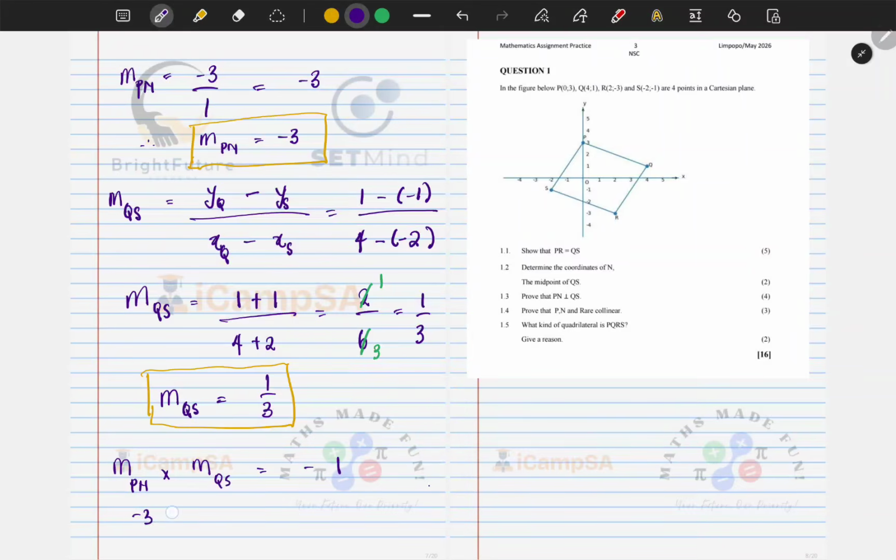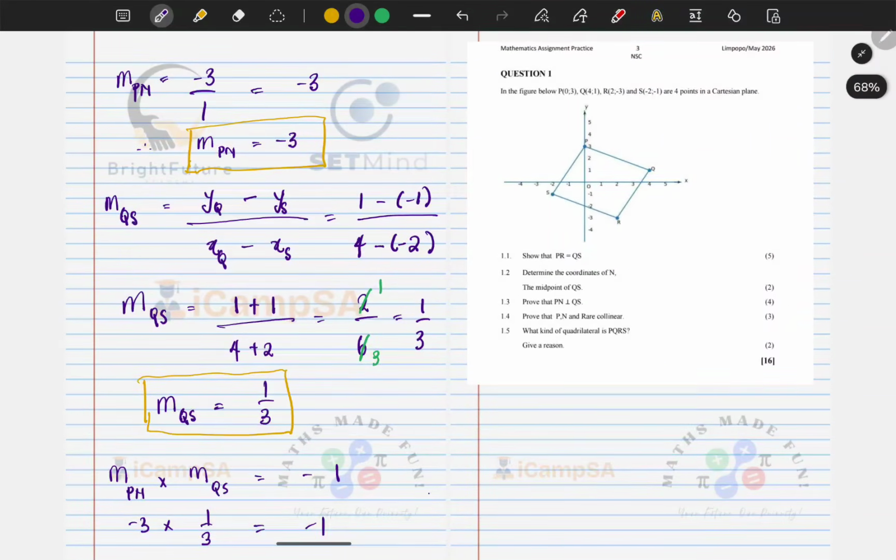So negative 3 times 1 over 3 is going to give us negative 1, because this 3 goes here once, it also goes here once, and then you will be left with negative 1 equals negative 1, right? So therefore these lines are indeed perpendicular to each other.